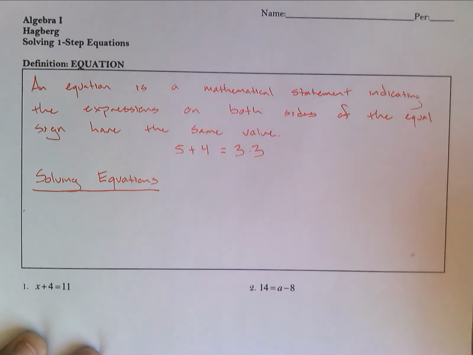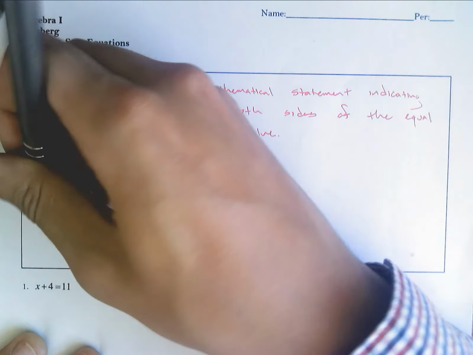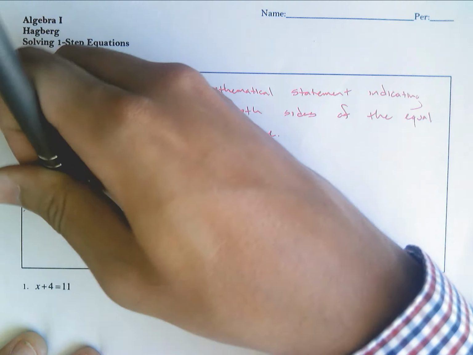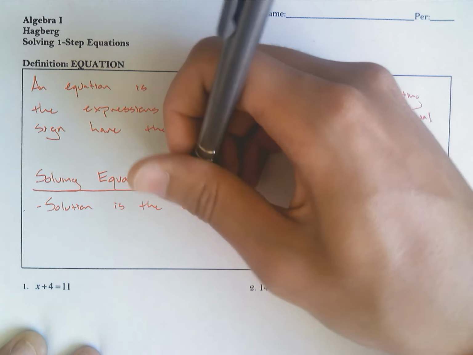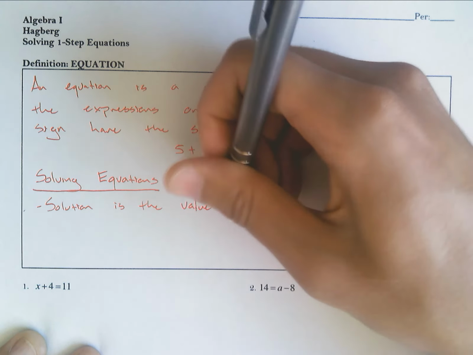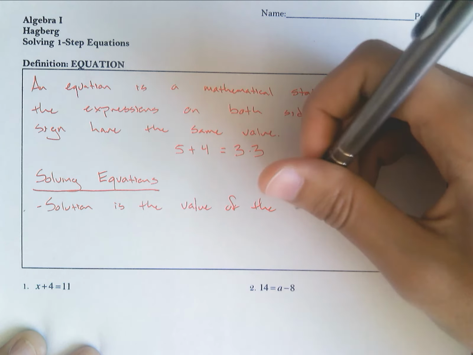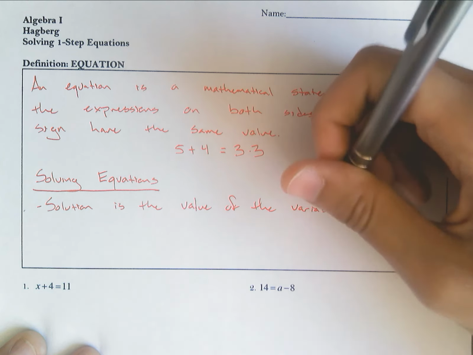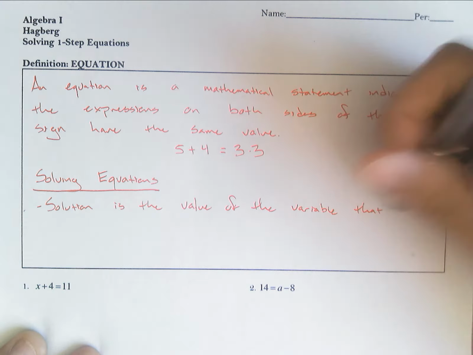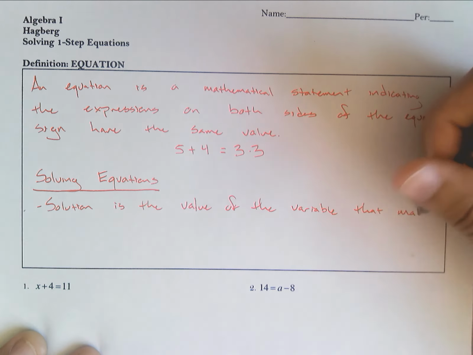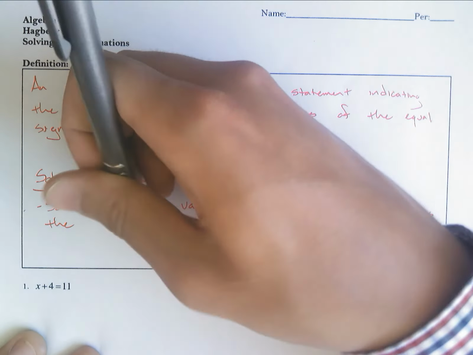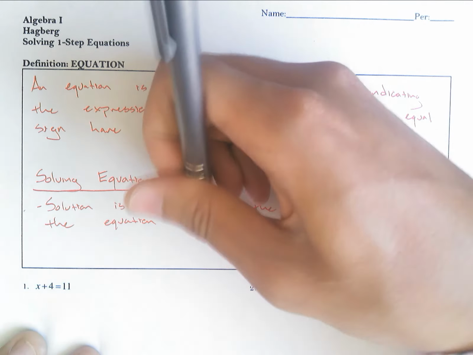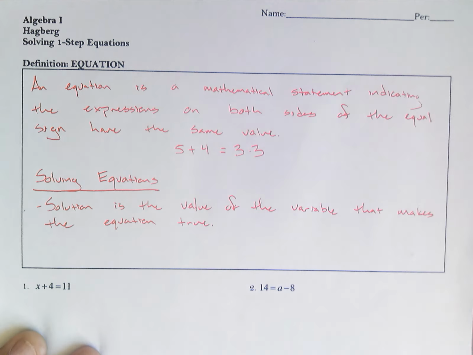All right, so in order to solve equations, the solution to an equation is the value of the variable that makes the equation true. So the solution to an equation is the value of the variable that makes the equation true.